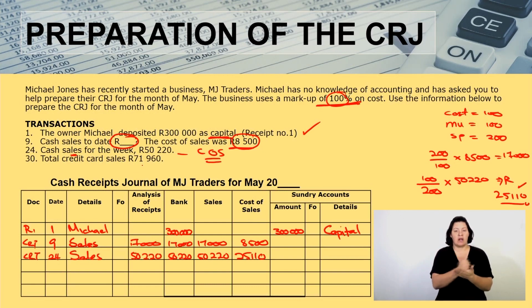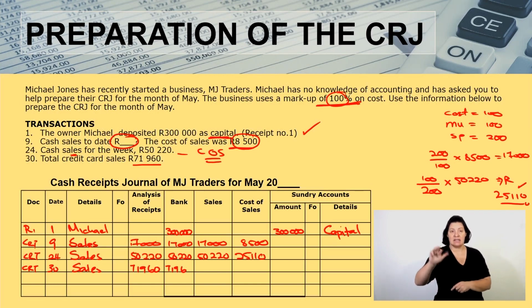Let's go to the last one. Total credit card sales, 71,960. All right, so I'm coming again here. And then it is on the 30th. I'm saying sales again, and then 71,960. And then 71,960.